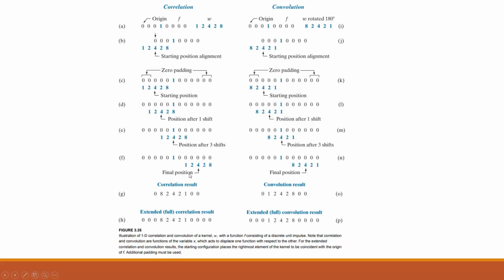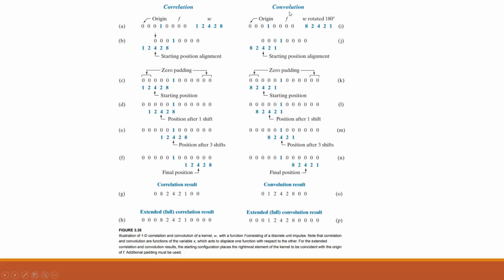When 8 is multiplied with 1, this position comes out to be 8. Now 2 multiplies with 1, so this position becomes 2. When 4 is multiplied with 1, this position becomes 4, as you can see in this figure. Similarly, it will move on, and finally when it comes out to be here, again 0, 0.